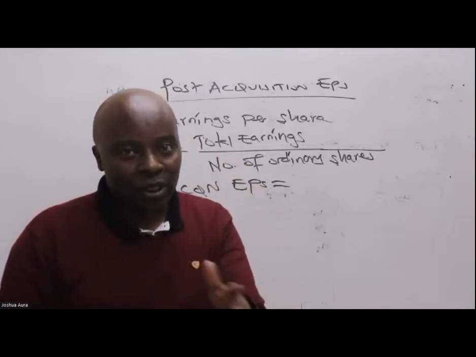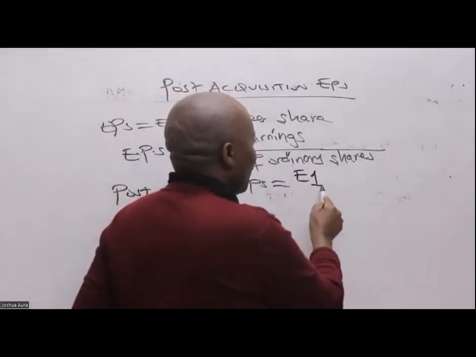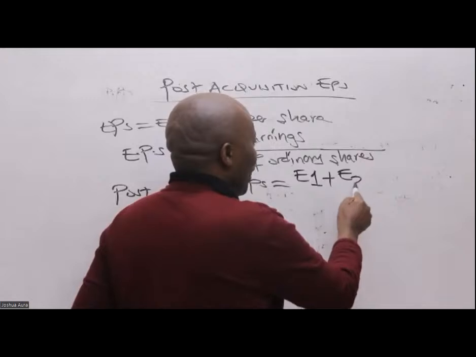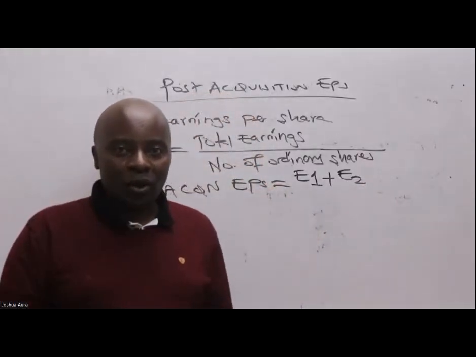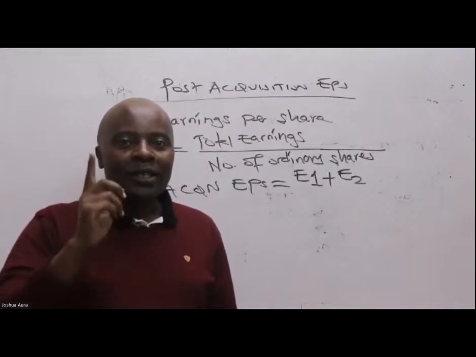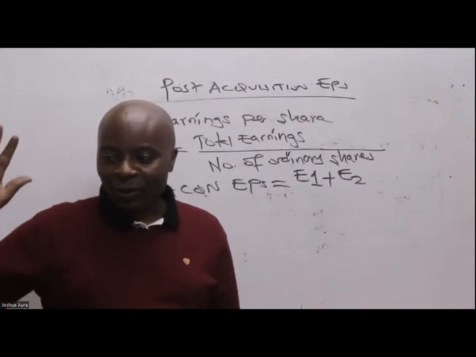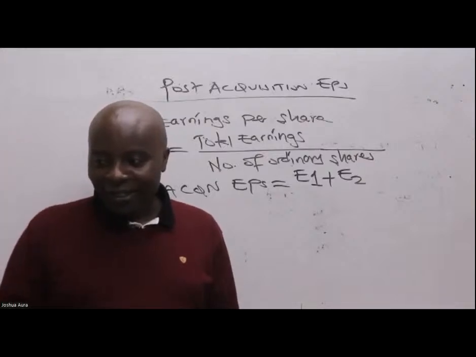So we shall talk of earnings of the husband plus earnings of the wife. These are supposed to be in one joint account. And the only signatory to that account is who?